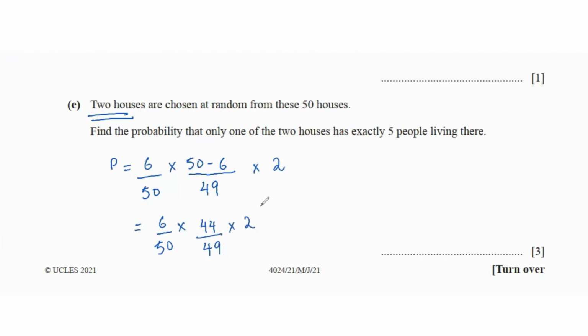So that's going to give us 6 times 44 times 2, which is 528. And 50 times 49 is 2450. So if we simplify this, 264 over 1250.